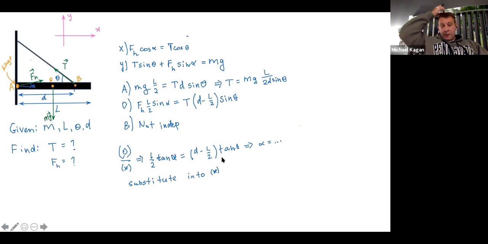Well, the rule of thumb is that what makes a good axis is an axis that has at least one force passing through it, because when you write the torque equation for that particular axis, the force would not be contributing. Okay, the more forces pass through a specific axis, the better that axis is for your considerations.